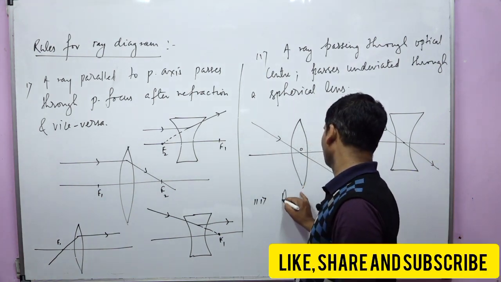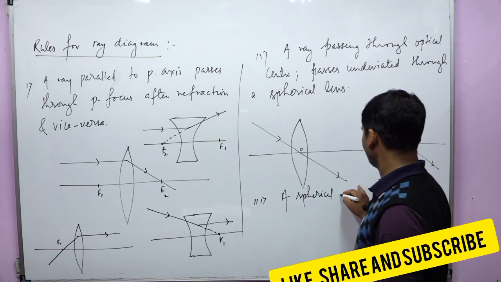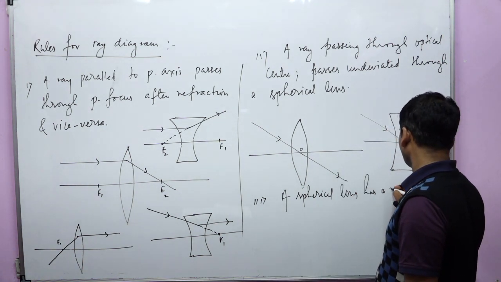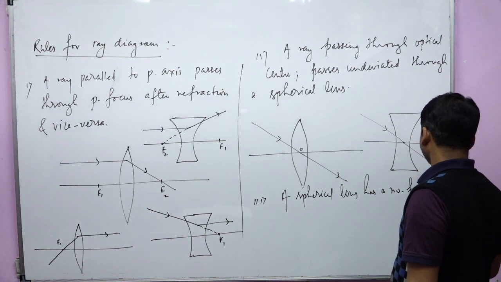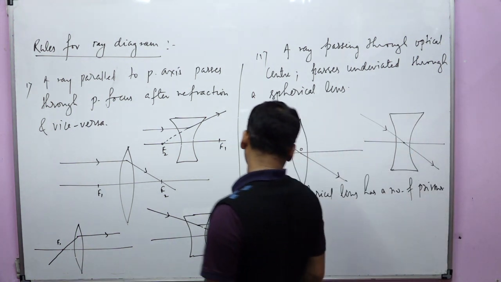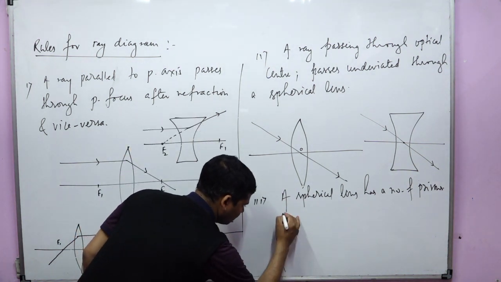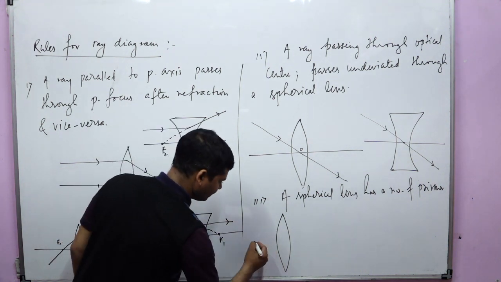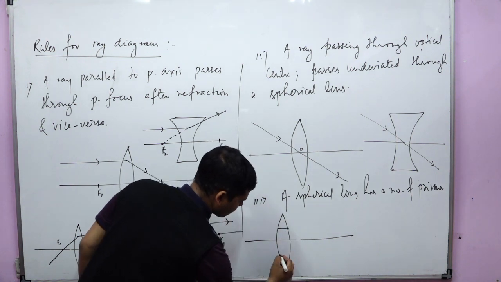A spherical lens has a number of prisms. And always remember, suppose this one is a biconvex lens. If I cut here, it behaves like a prism.